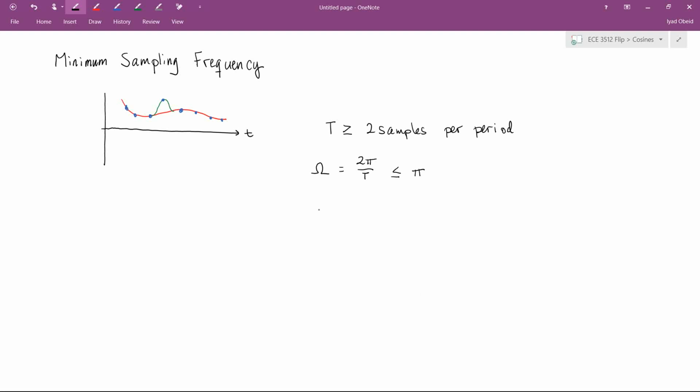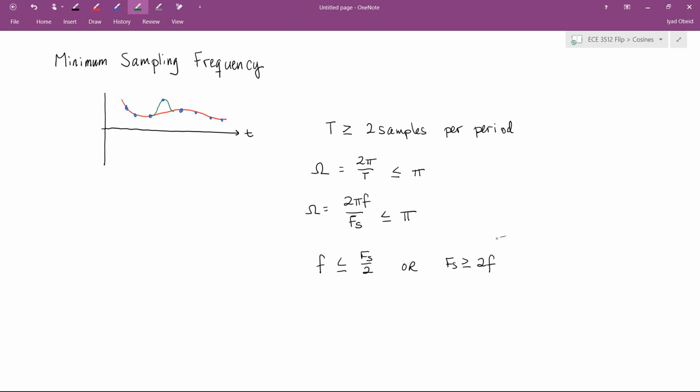And if we remember that omega is also equal to 2 pi f over f sub s, and we've just worked out that that has to be less than or equal to pi, then by rearranging terms I can say one of 2 things. I can either say that f has to be less than or equal to fs over 2, or equivalently I can say that fs has to be greater than or equal to 2f.